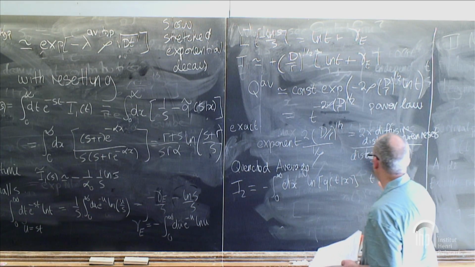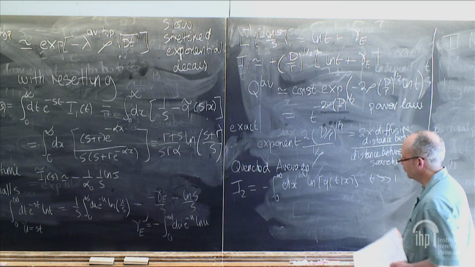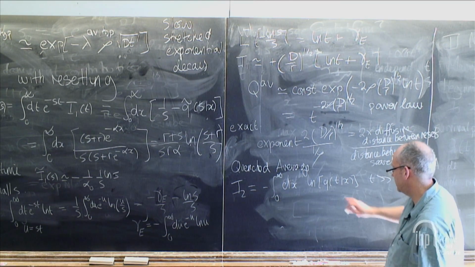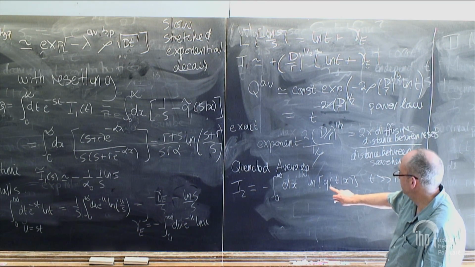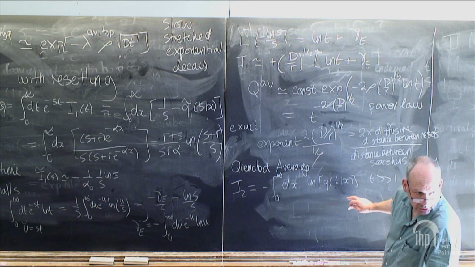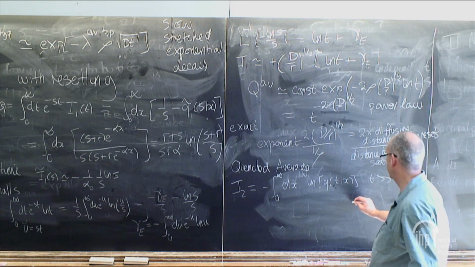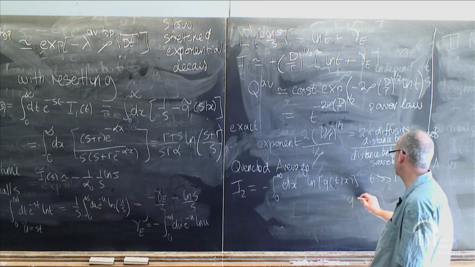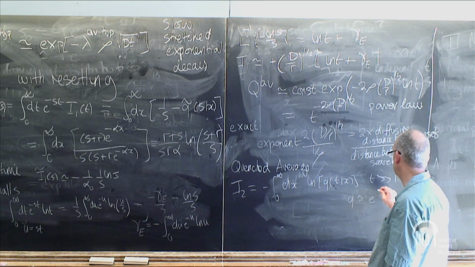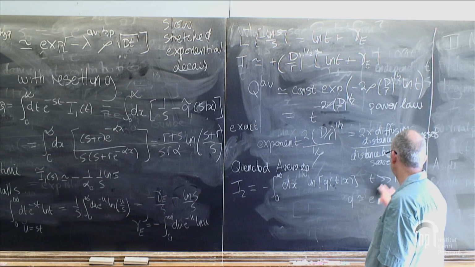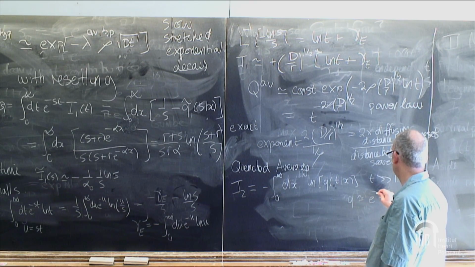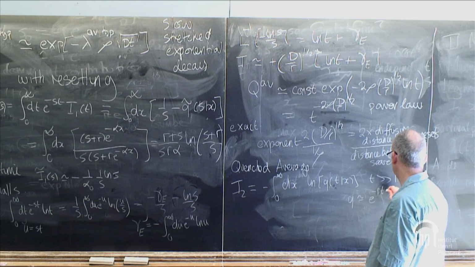And we're going to be interested in large T. So remember that earlier we computed the large time behavior of this Q. So for T very much greater than 1, Q was actually equal to e to the, what was it again?